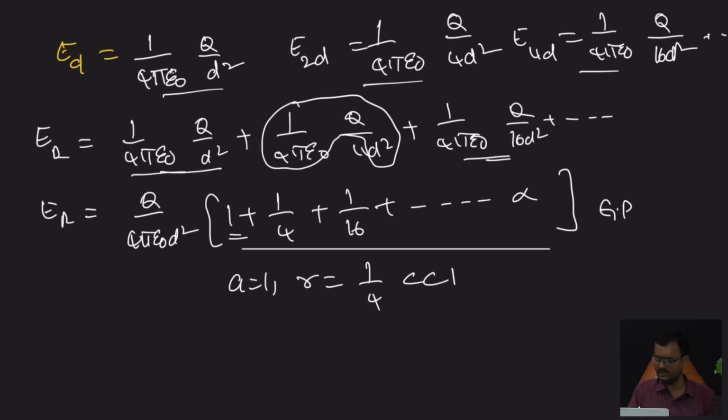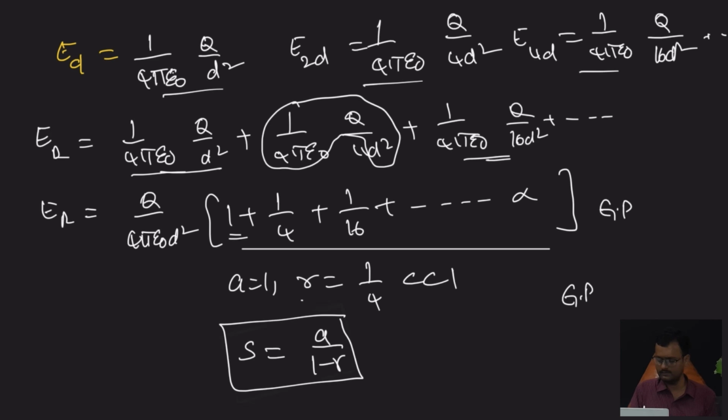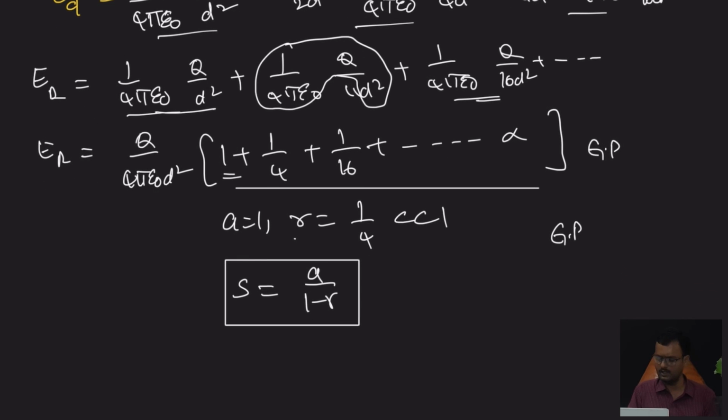See here, R is less than 1. We know for a geometric progression, if R is less than 1, the infinite sum has a formula: sum is equal to A by 1 minus R. So what is A? 1.